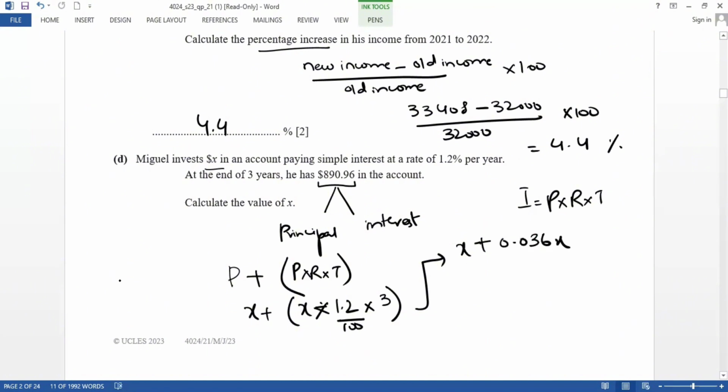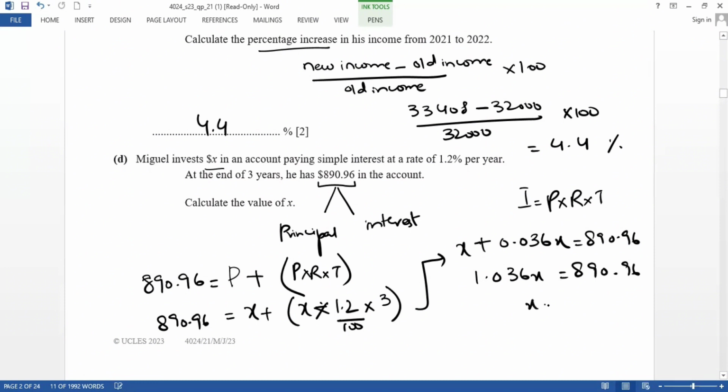And the total amount is 890.96. So we have 1.036X equals 890.96. So our answer is 890.96 divided by 1.036, X equals 860.